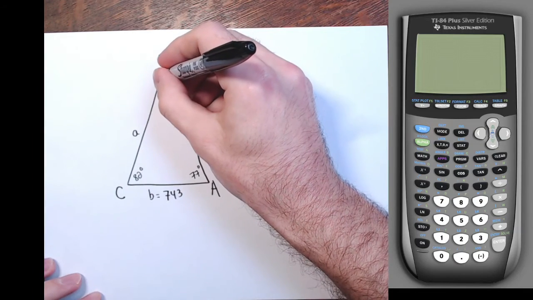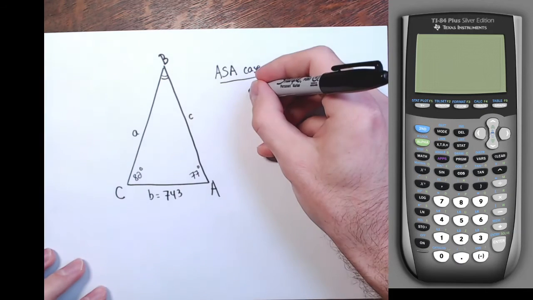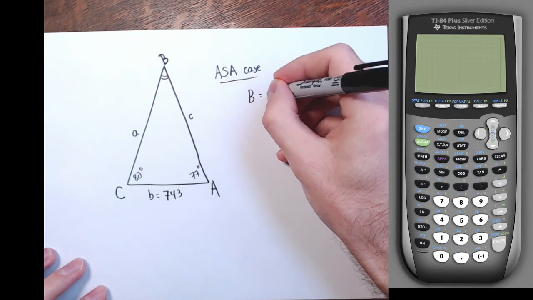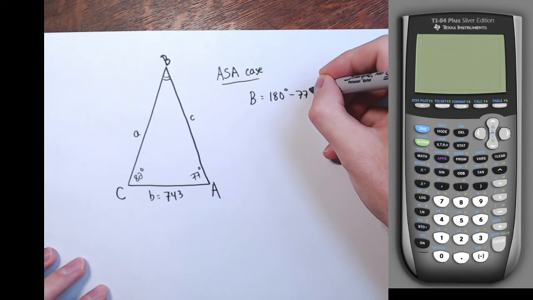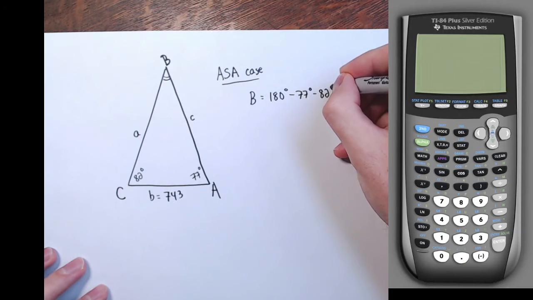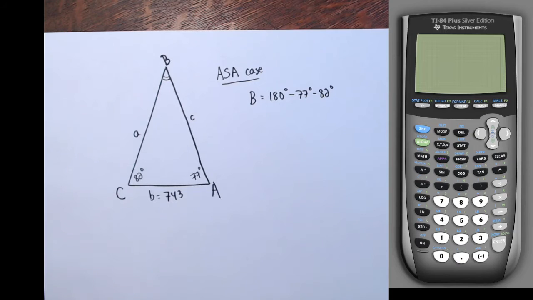Angle B is the easiest to find, because once you know two angles of a triangle, you know the third one. Remember, all three angles have to add up to 180 degrees. So angle B is just going to be 180 degrees minus these other two, minus angle A, minus angle C. Now 77 and 82 make 159.